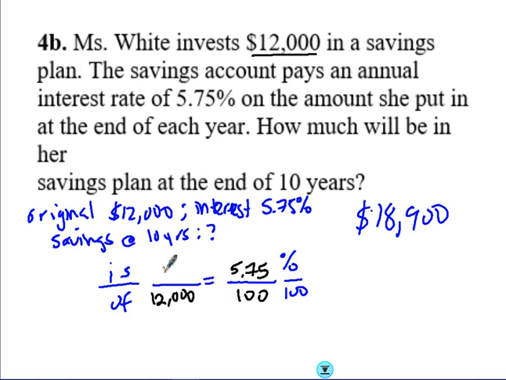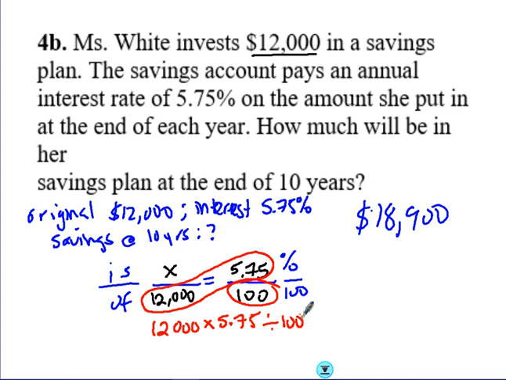And so what we're looking for is how much is 5.75% of $12,000, which would have been 100% initially. So to solve this, again, we're going to multiply 12,000 by 5.75 and then divide it by the final number, which is 100. Our final answer should be $690.